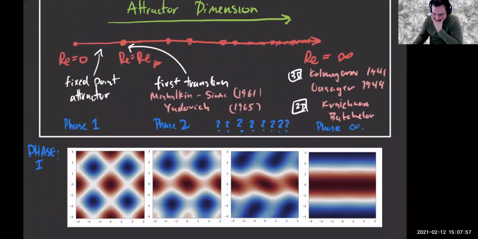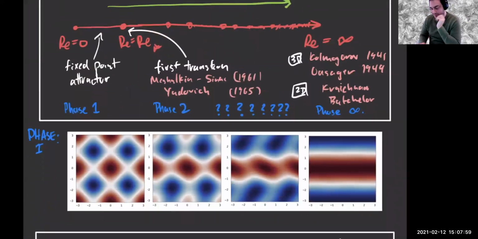Yeah. So, okay. In phase 1, let's just see what the motion looks like. If I start with an initial condition like this, and I'm forcing with that sine y force, then as time goes to infinity, this converges to the force. So that's this trivial phase where the fixed point attractor is the global attractor.